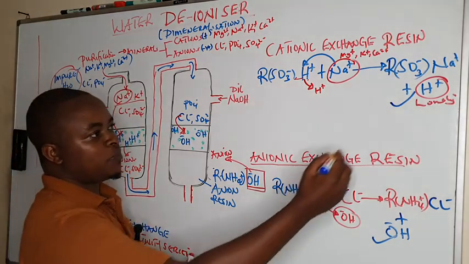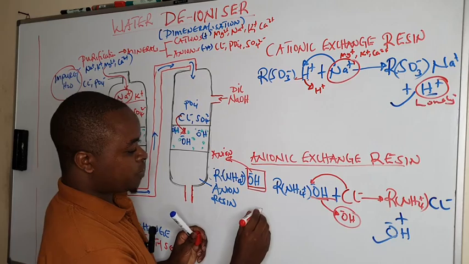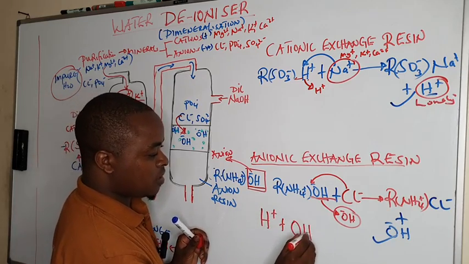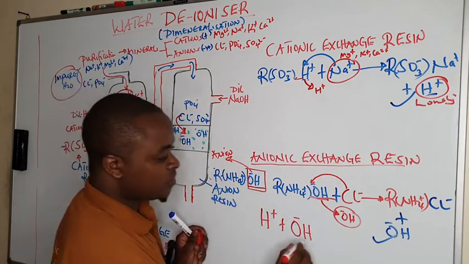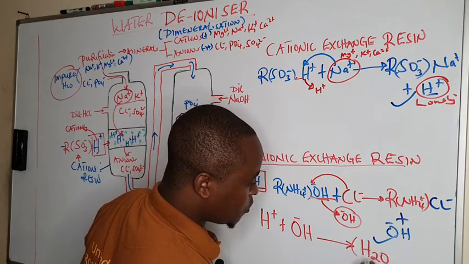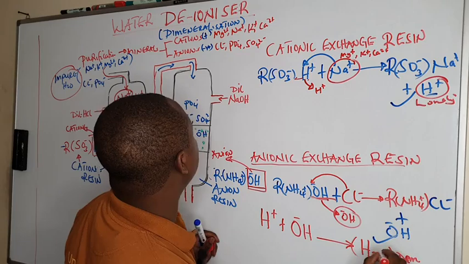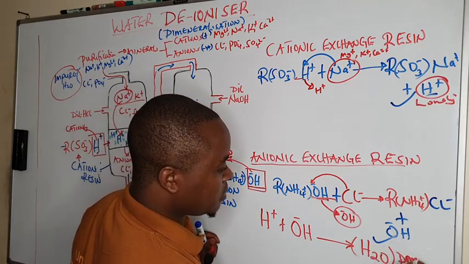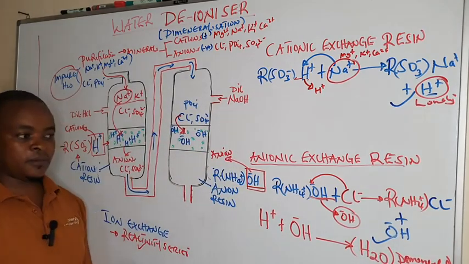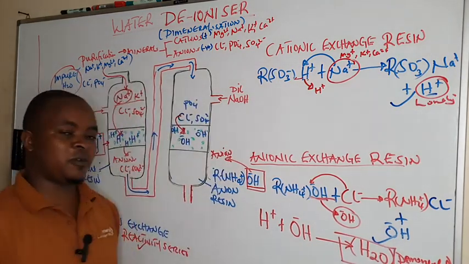So we see the displaced hydrogen ion at the end comes and conjugates with the displaced hydroxyl group, and they form pure water. This water is demineralized, so it is free from minerals. This is what we call deionized water. That is how it is formed.